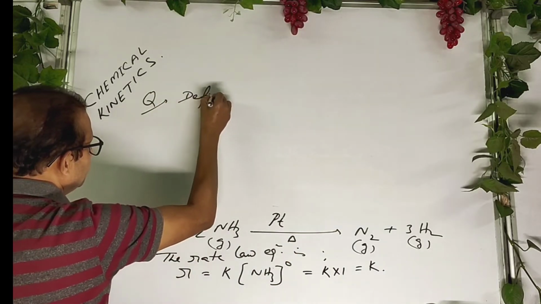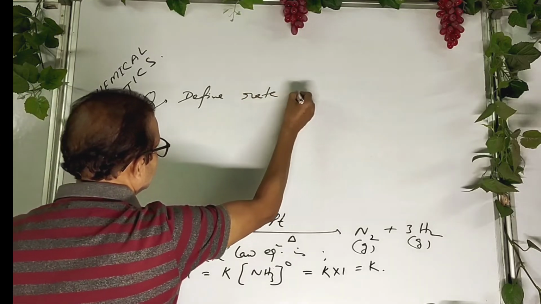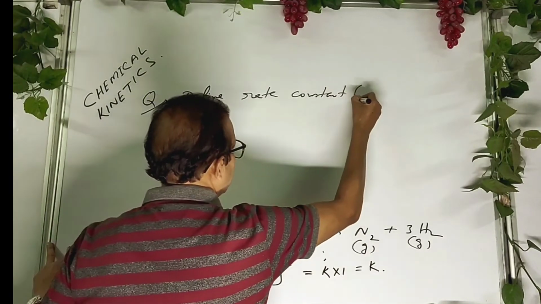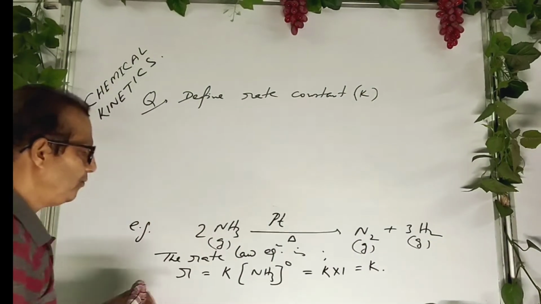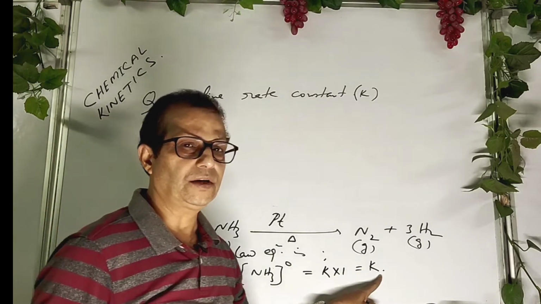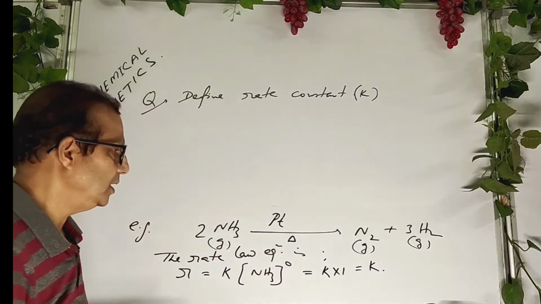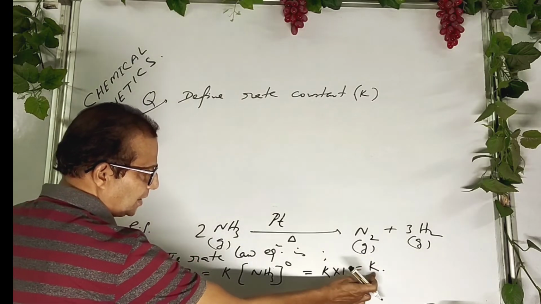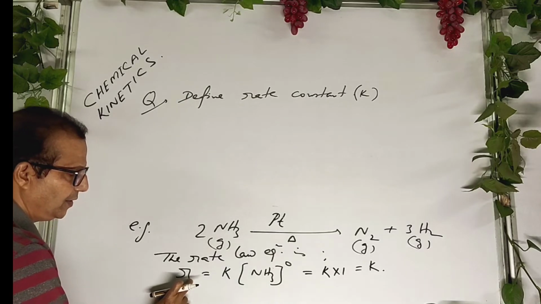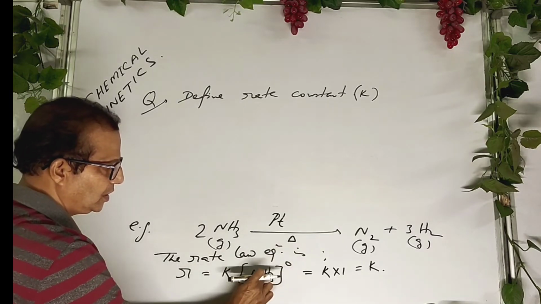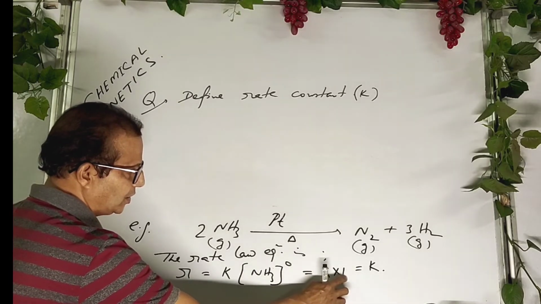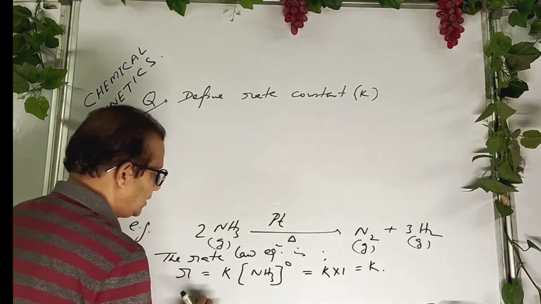Define rate constant, that is K. Now from here you can easily write the definition of rate constant, okay? Listen, understand it. Rate constant is defined as the rate of a reaction when the concentration of the reactant is taken as 1, that is unity. So how do you write it?